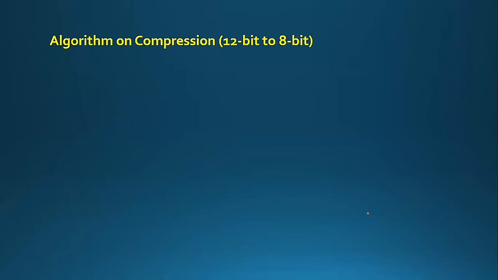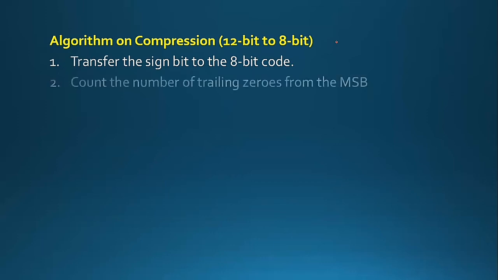Now my focus would be how the 12-bit code is compressed into an 8-bit code. These would be the steps. First, we have to transfer the sign bit to the 8-bit code, so we automatically copy the sign bit. Next, count the number of trailing zeros. For our 12-bit code, we have the sign bit at the most left side, and the 11 bits are the magnitude. From the most significant bit, we count the number of trailing zeros.